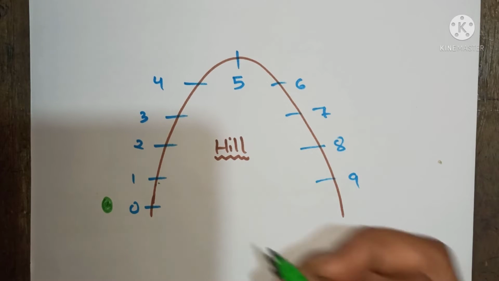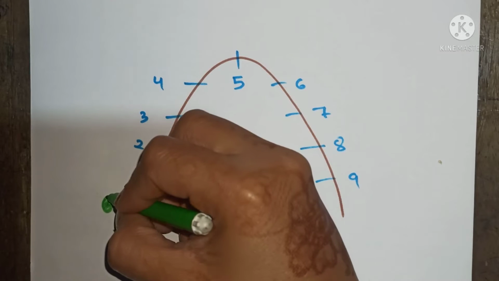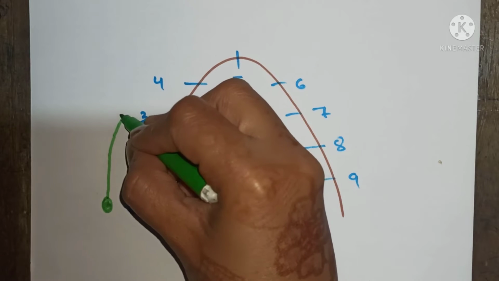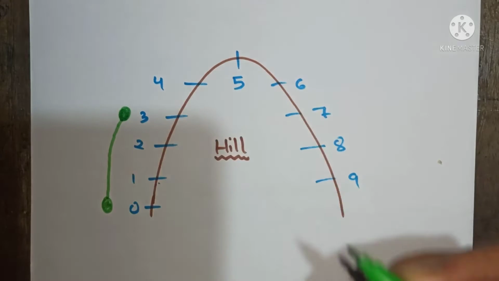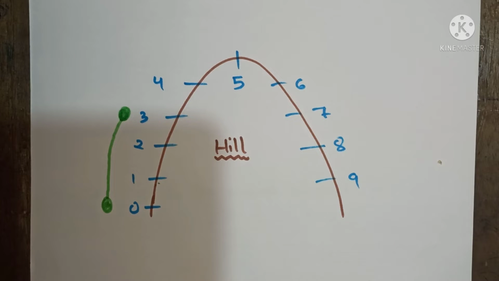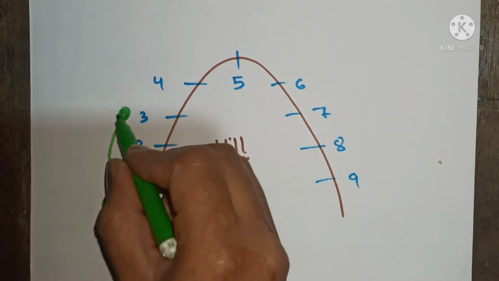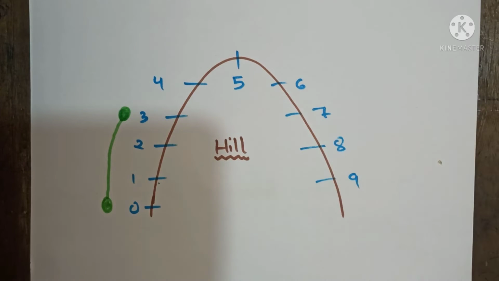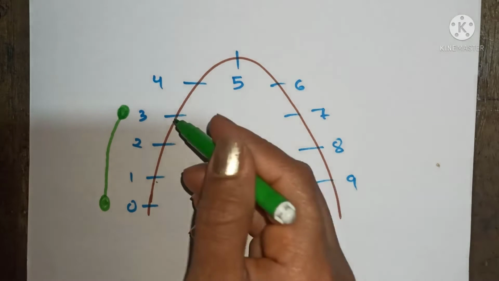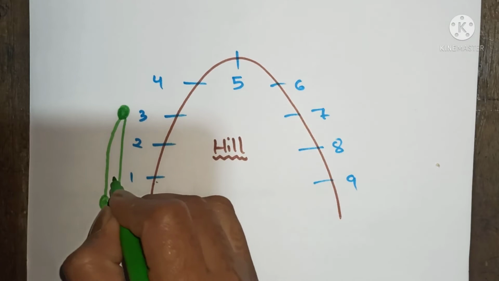Now if you are riding on a bike and you reach 3 and suddenly you realize that the petrol in your bike, which helps your bike run, is finished, what will happen? Since it is a hill, you will fall back, right?